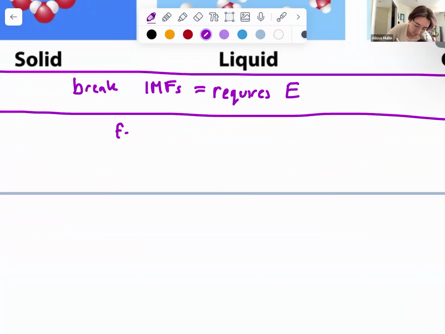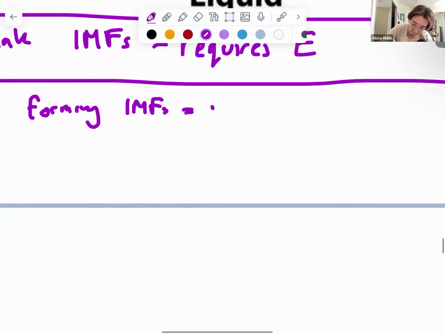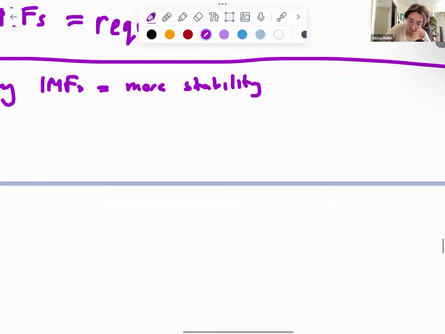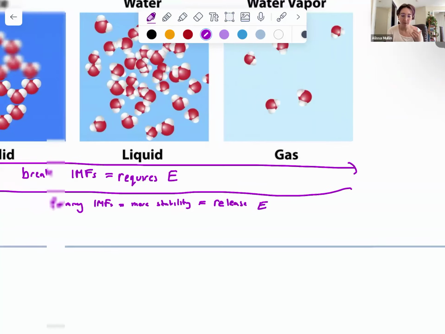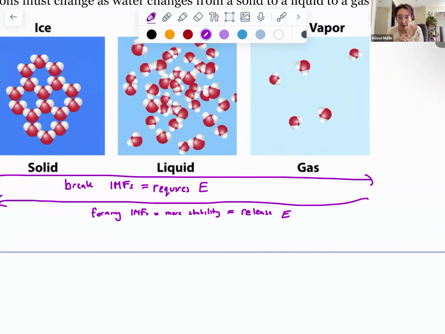Forming IMFs increases the stability, and that kind of process always is going to release energy. Okay, so that's a key idea. When we make these phase changes, energy is involved in that process alone.